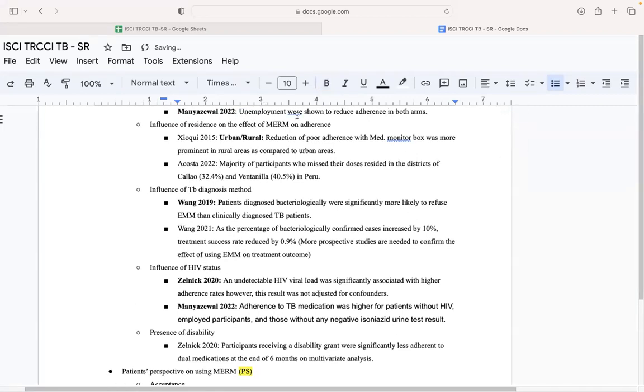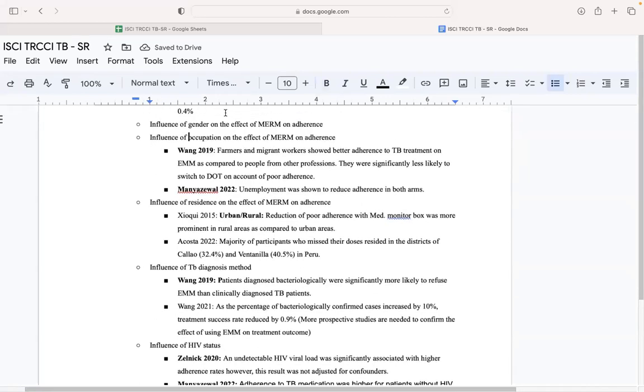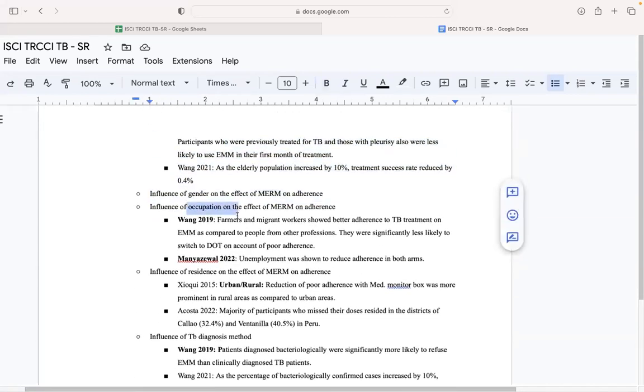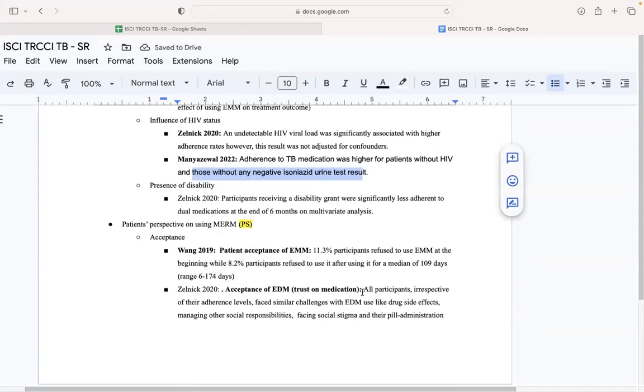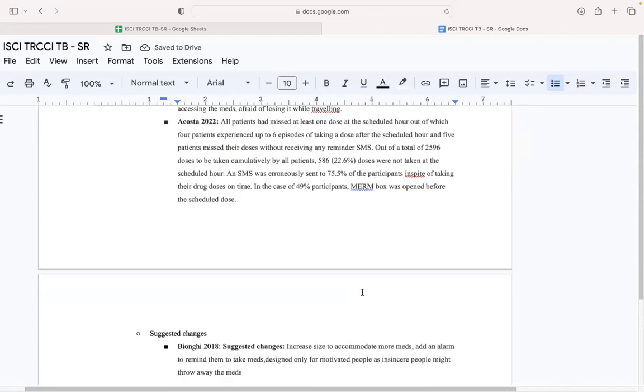Unemployment was shown to reduce adherence in both arms. Because this only talks about occupation, I can only talk about employment here. And this only talks about HIV, so I can only talk about HIV patients. And this was higher for patients without HIV. I will remove employed participants. And as for the isoniazid urine test, I am talking about it somewhere.